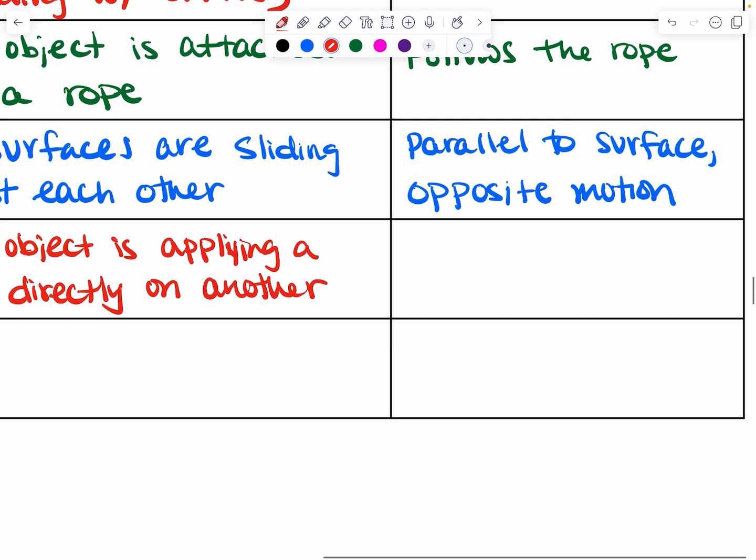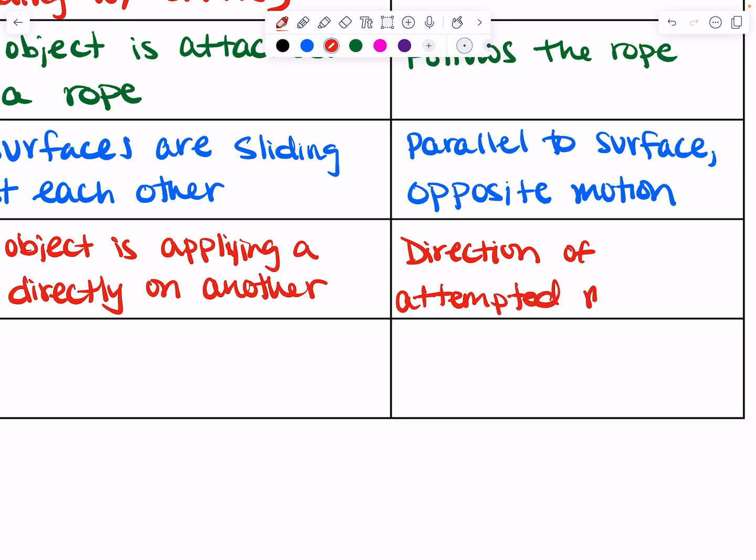And it's always going to be in the direction of attempted motion.